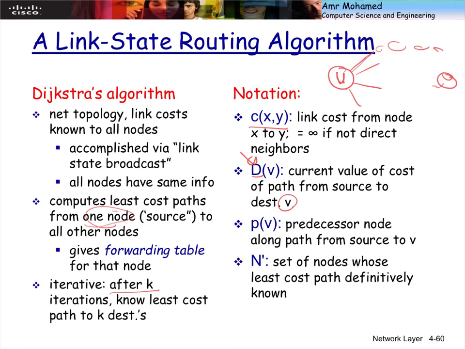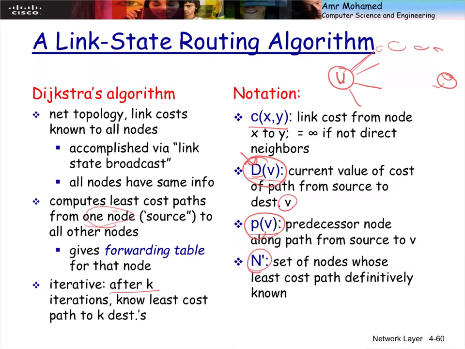And we maintain the distance and the predecessor. This is very important. We maintain the distance and the predecessor. What is the predecessor? This dv is based on pv, such that pv is the previous node that will get me to the source. Okay? So I maintain dv and pv together. It's very important. Okay? And we'll see how this is done.